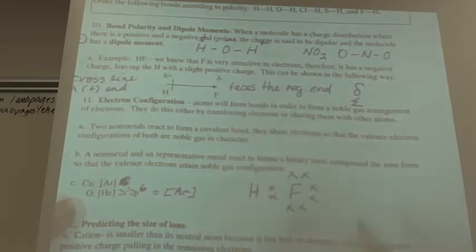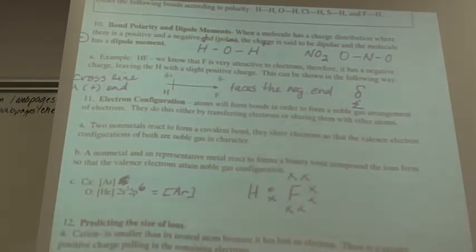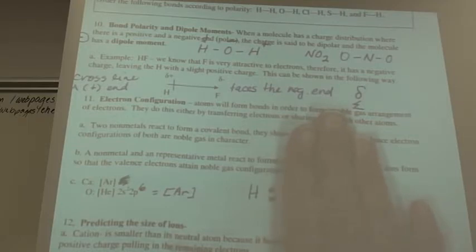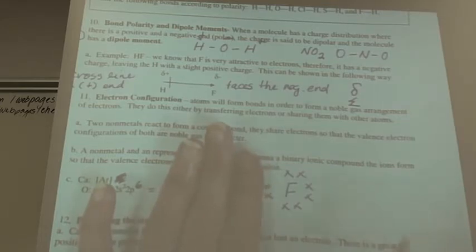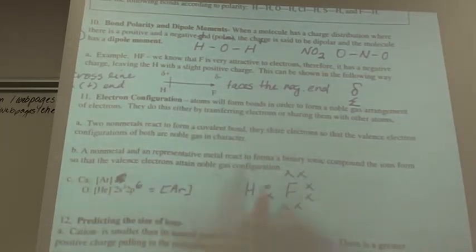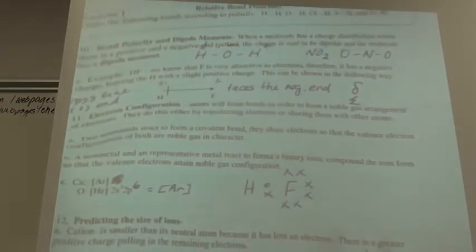When they bond together, hydrogen now has its outer valence electrons filled, 2 in its s, and then fluorine has its octet of electrons. They are both happy with that configuration.